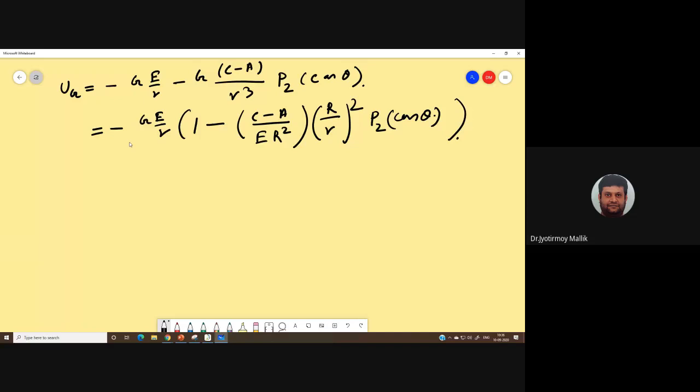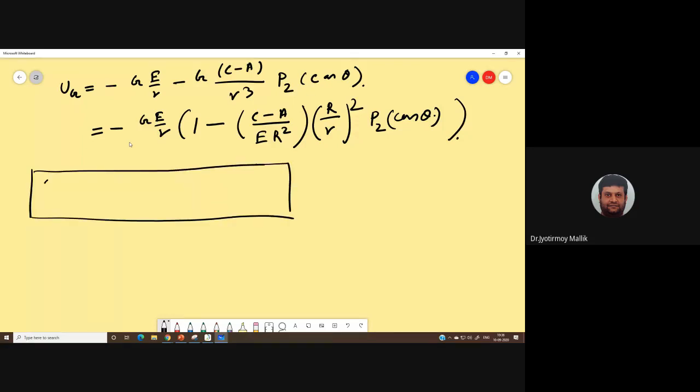The general form of Laplace's equation for the gravitational field is that the second derivative, delta squared UG by delta x squared, plus delta squared UG by delta y squared, plus delta squared UG by delta z squared, is equal to 0.